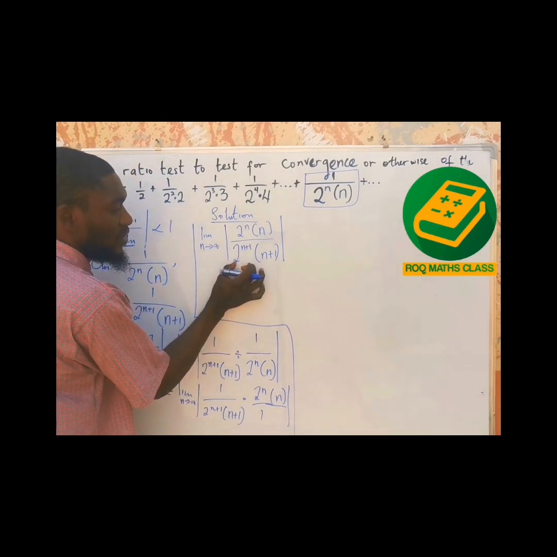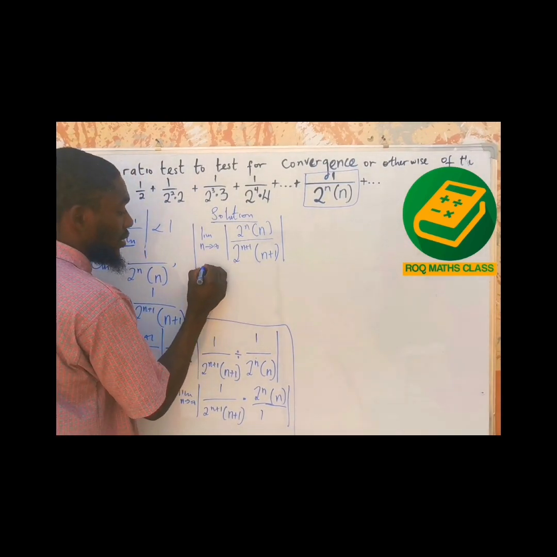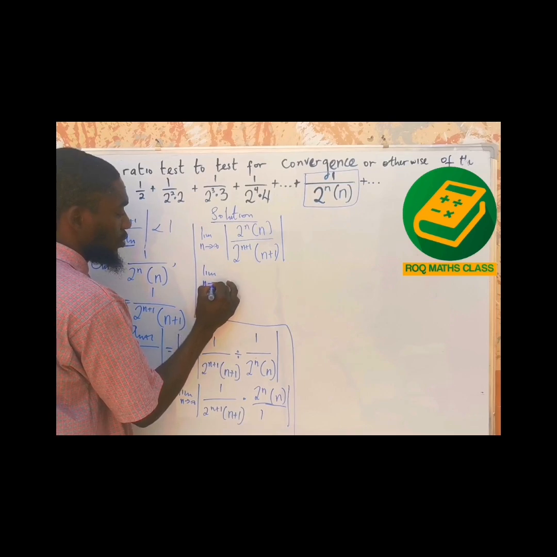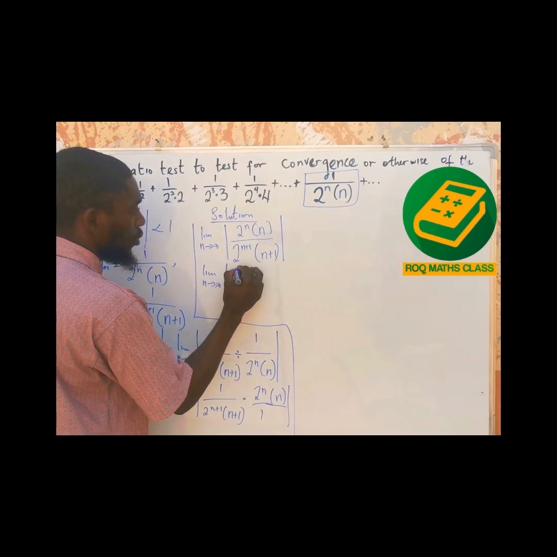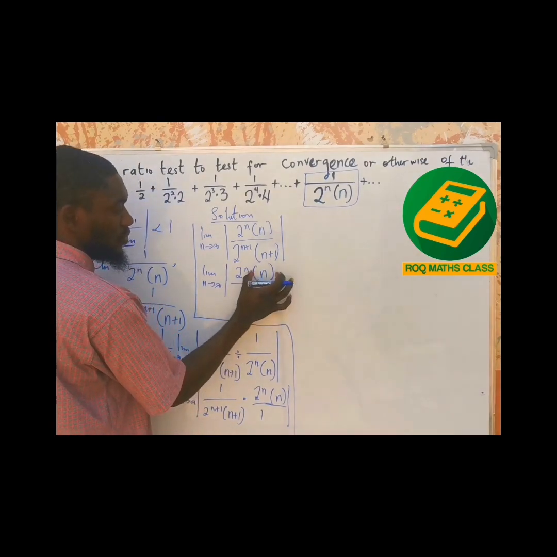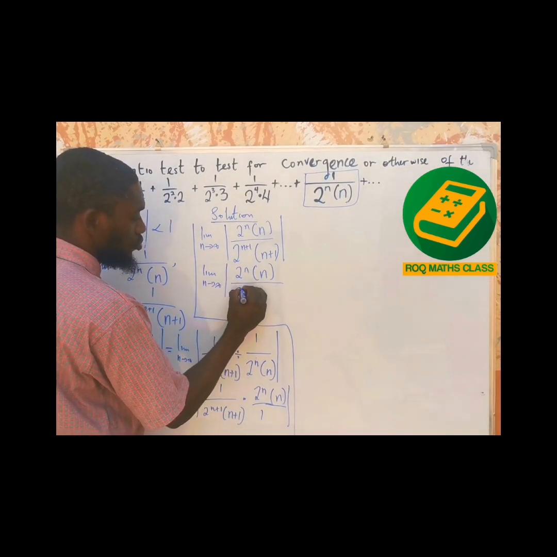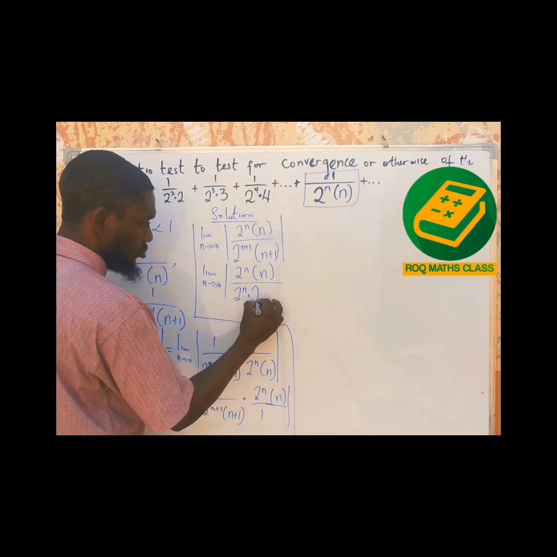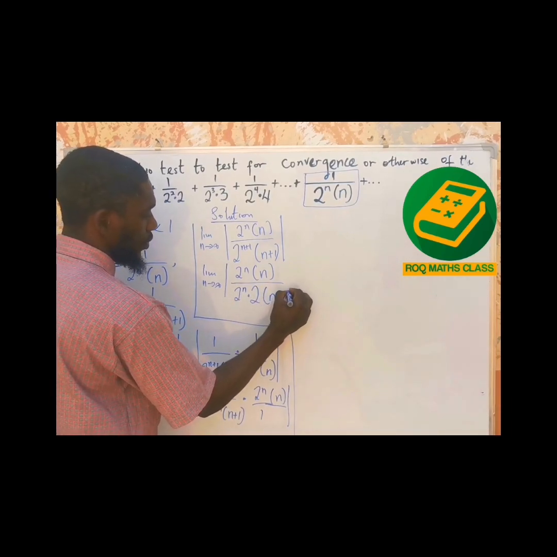And from the law of indices, my denominator I can break down as the limit as n approaches infinity of 2 raised to the power of n to the bracket of n, then I have 2 raised to the power of n times 2, times n plus 1.